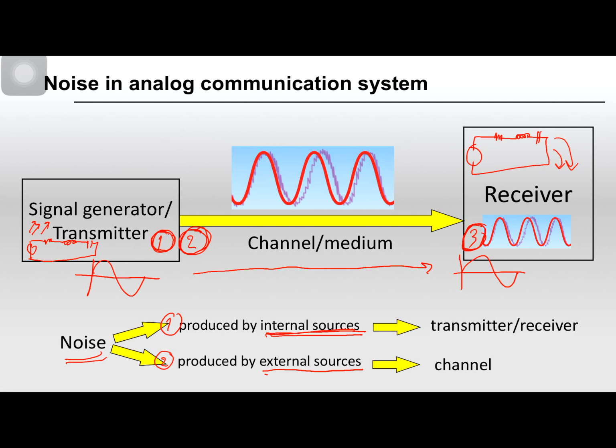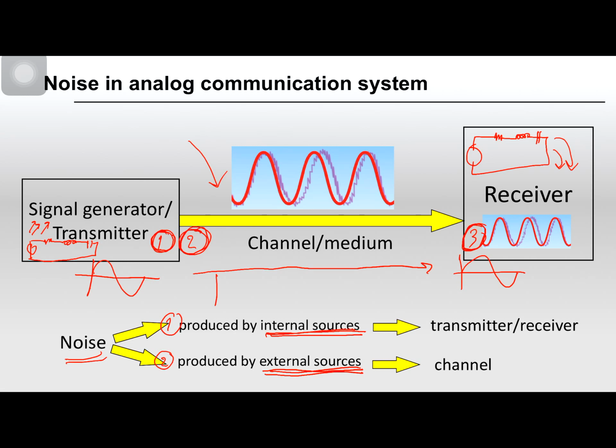But if the noise is produced by the external source, it is called the external source noise. That means the noise may come from other signal or other wave.